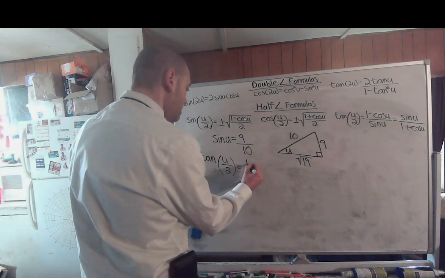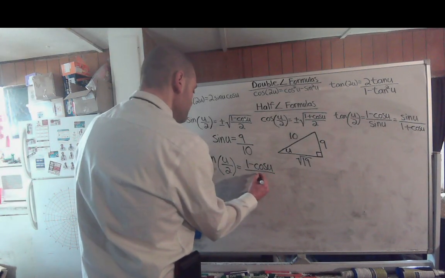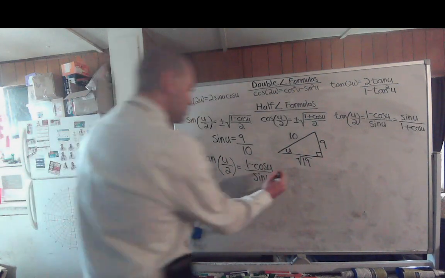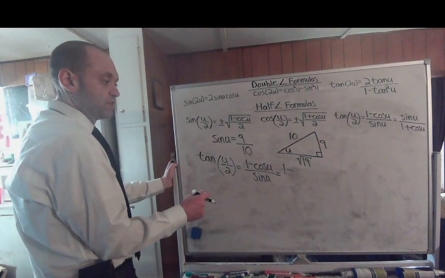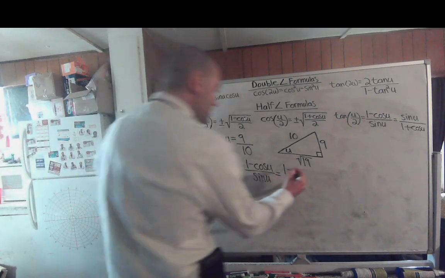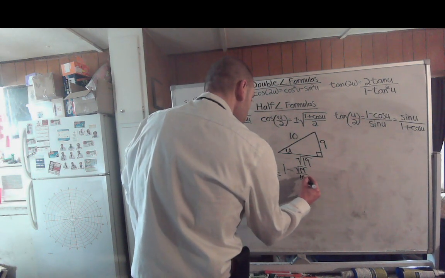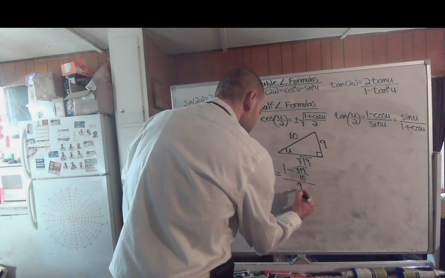So this will be 1 minus the cosine of u over the sine of u in order to find the tangent of u over 2. Alright, so 1 minus, now what is that cosine of u? That's just going to be the square root of 19 over 10. All that divided by the sine of u, which was 9/10.